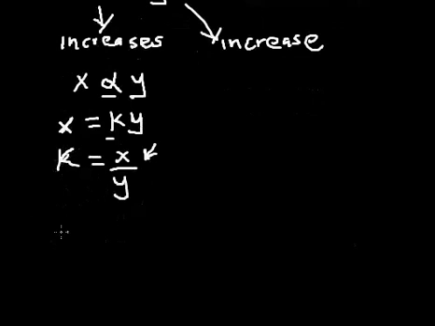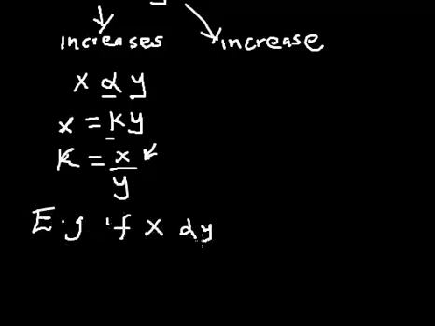Now let me give an example. Let's say a question where they said, if x varies directly as y, then when x is equal to 4, y is equal to 2.